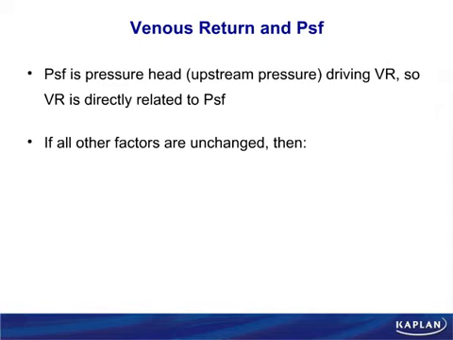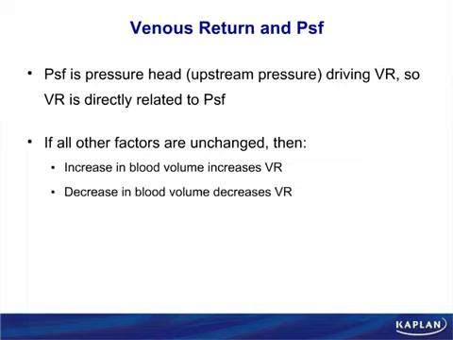So all other factors unchanged, if I increase blood volume, I increase venous return, because increasing blood volume increases PSF. If I decrease blood volume, I decrease venous return, because if I decrease blood volume, I decrease PSF. And PSF is the pressure head driving flow.